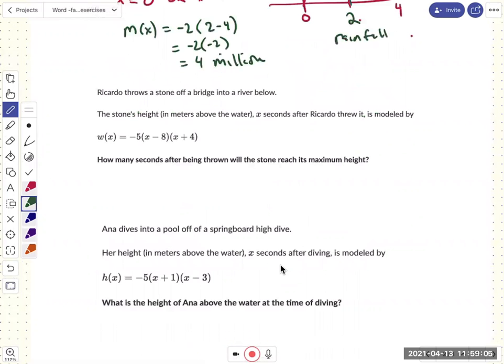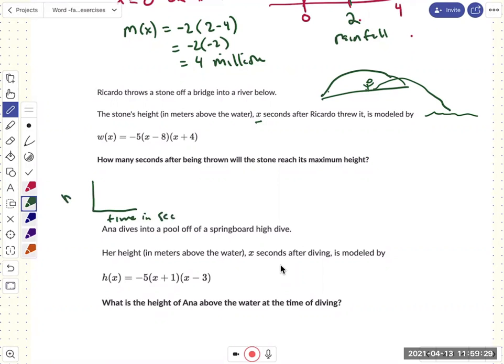Okay, Ricardo's throwing stones off a bridge. Okay, so he's on the bridge. So there he is, right? And he's throwing his stones off down into the water. And so the height above the water, so you say, okay, so this is one where I have time in seconds, and I have height in meters.